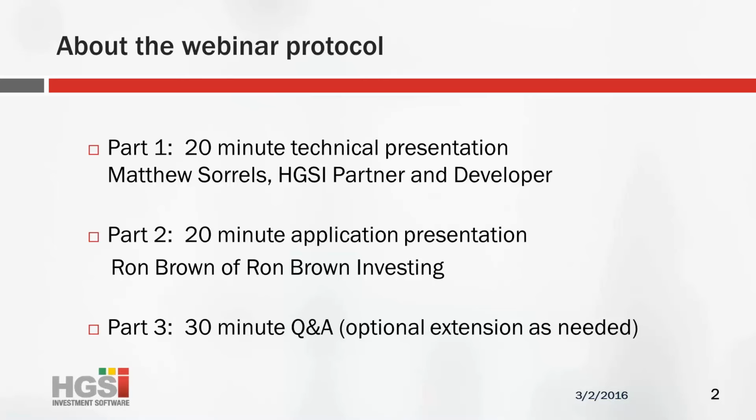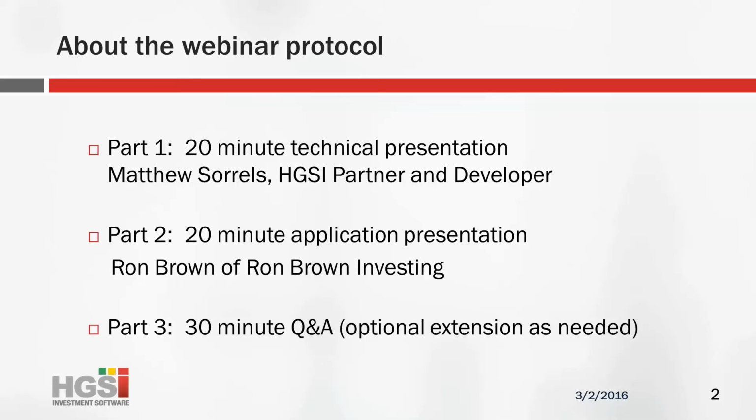Then in part two, Ron's going to take what Matthew has just shown and explain and show you how it's actually used in the application side. So you've got the technical side and the application side. Then in part three, there's about 30 minutes of Q&A. It always goes longer than you expect, so I put it there as an optional extension as needed.